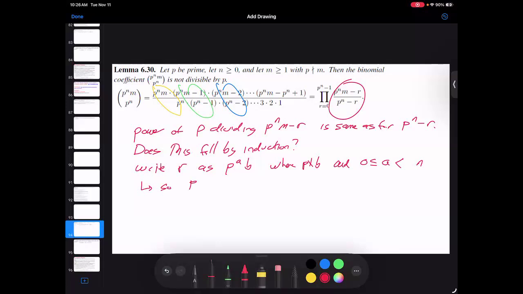So if we look at p to the n m minus r over p to the n minus r, this is p to the n m minus p to the a b over p to the n minus p to the a b. What should we do to the numerator and denominator?